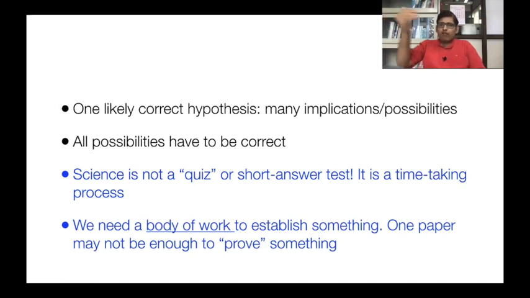Einstein worked out all these implications, and that is what became many of his famous papers, right? So an experimental finding or a correct hypothesis will have a lot of implications, and you have to examine all these implications to prove your basic theory right.